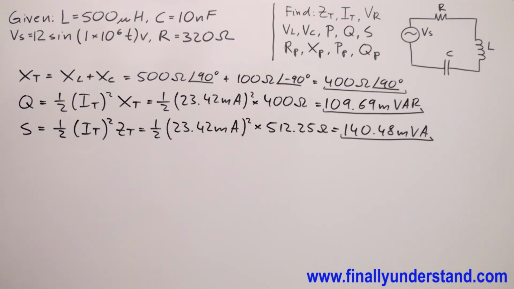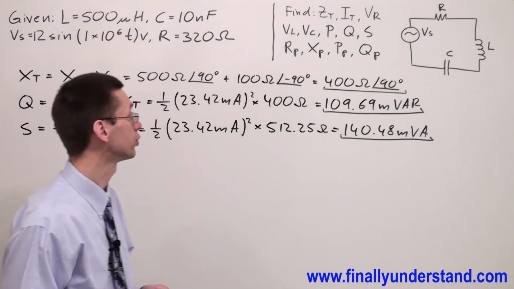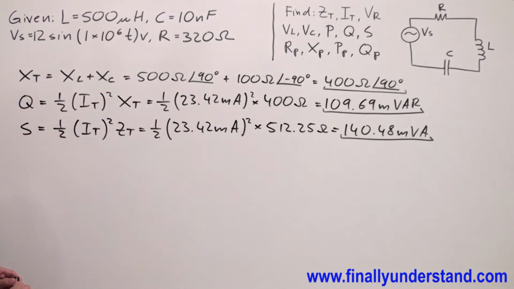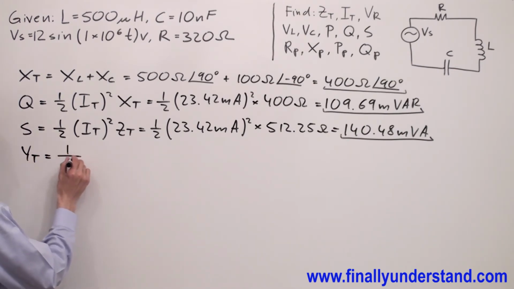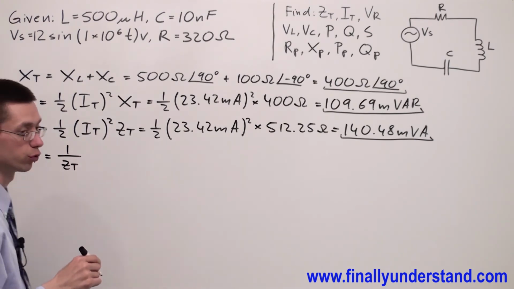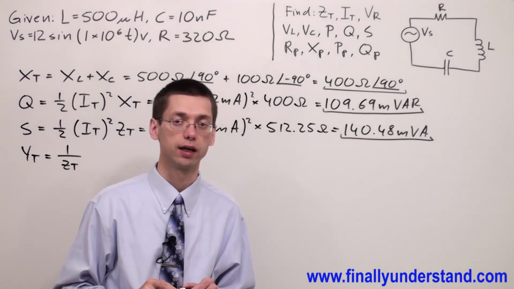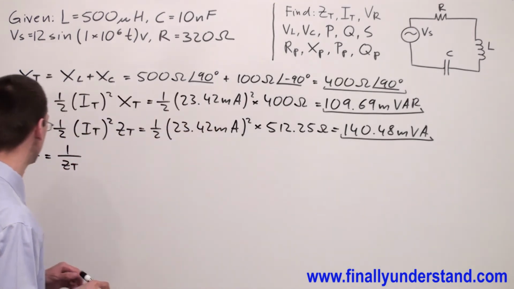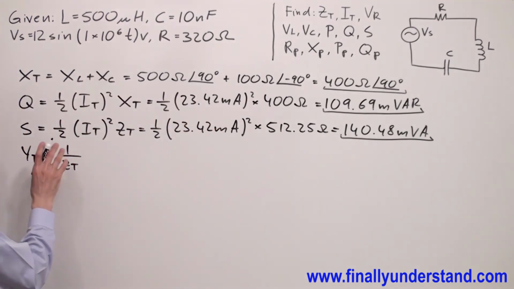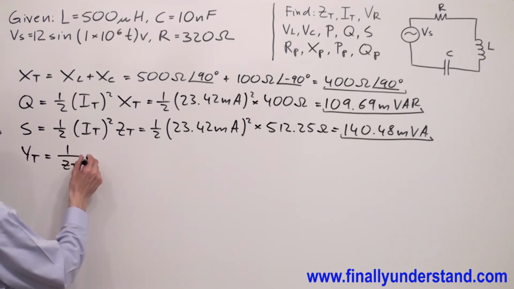Next, we're supposed to find the parallel equivalent circuit. In order to do so, we're supposed to write the formula for total admittance. Total admittance is equal to 1 over Z total. Now, I would like to ask you to switch your calculators to the rectangular mode. I want you to plug in the values into the calculator and get the answer in the rectangular form.